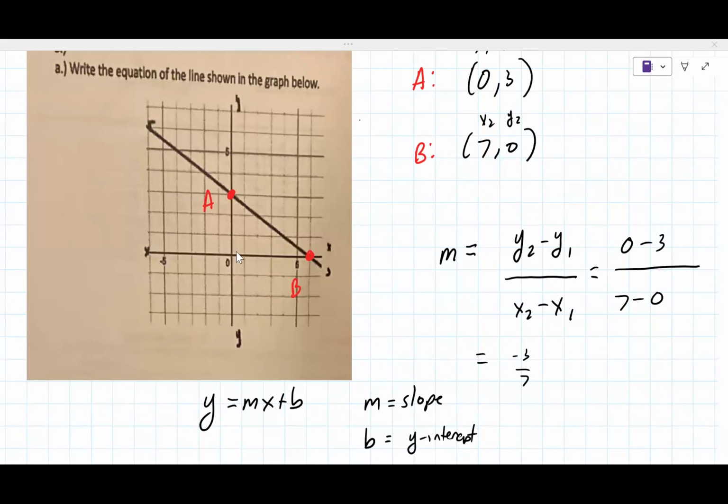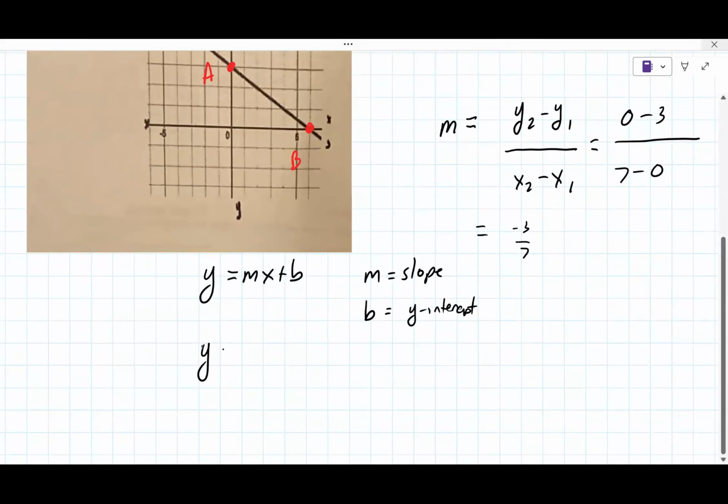What is the y-intercept on this graph here? Right there, there's a dot, so it's 0, 3. So what's the value of the y-intercept? The value of the y-intercept is 3. Good. So the equation is y equals -3/7x plus 3. I would recommend you get this down.